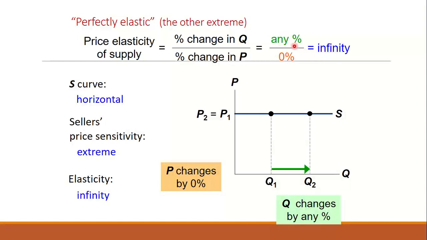Any number divided by 0 is equal to infinity. So here the elasticity is infinity, as the supply curve is horizontal here and price is fixed. But in this case, if price is fixed, quantity also changes. So the elasticity in this case is infinity.